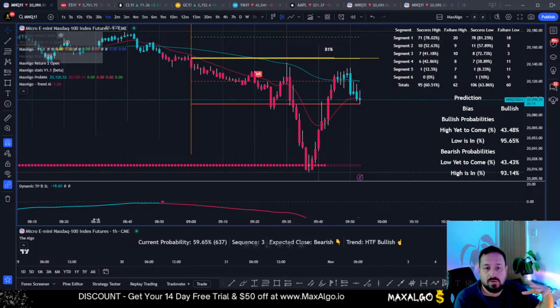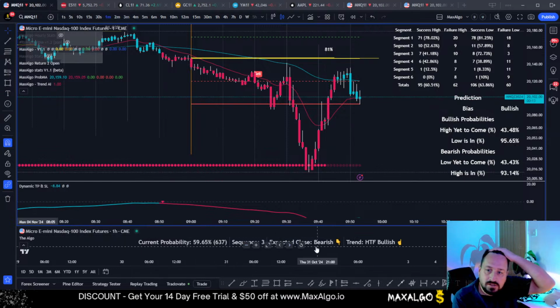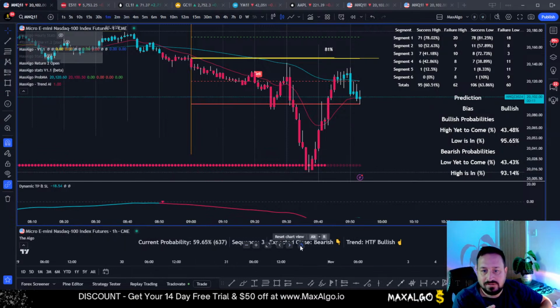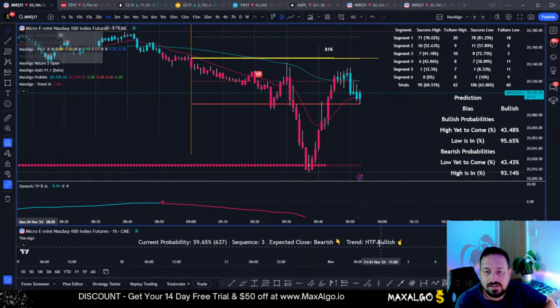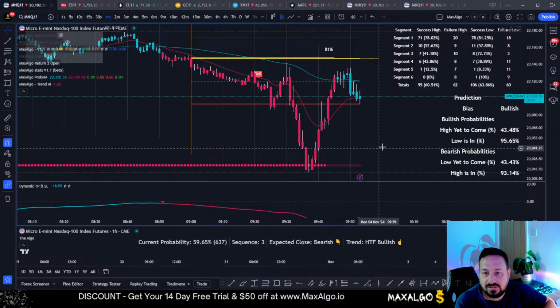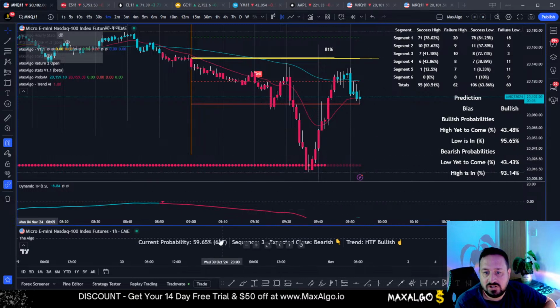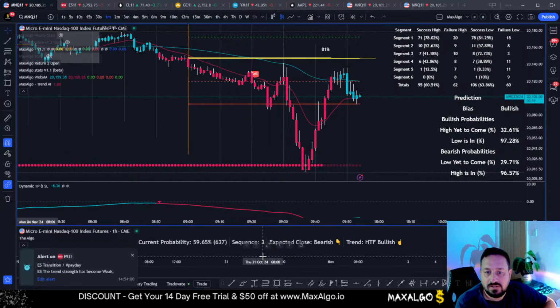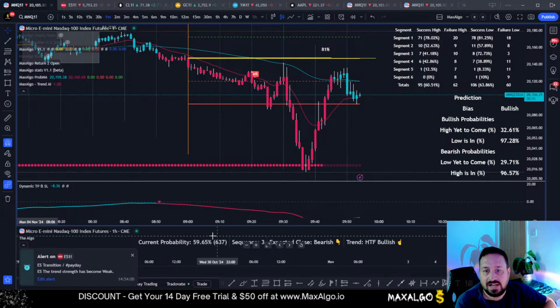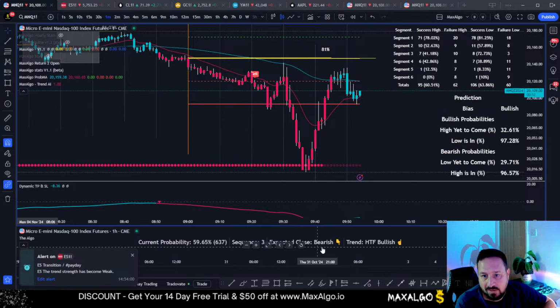Right now we're on the hour, so we're looking at hour sequences, and we have a bearish sequence. It's just how many hours of that sequence there have been. For the last 2 hours we've had bearish price action, and this current hour will be our 3rd hour of bearish price action.